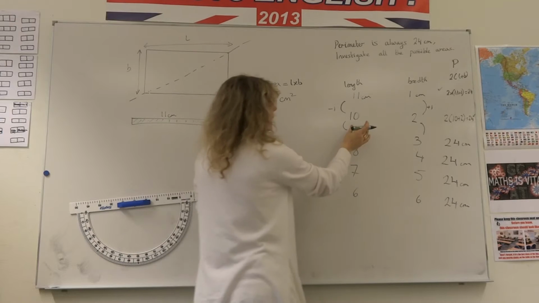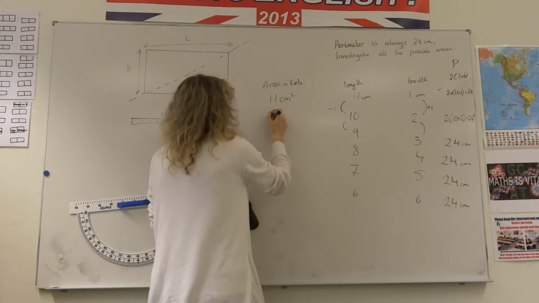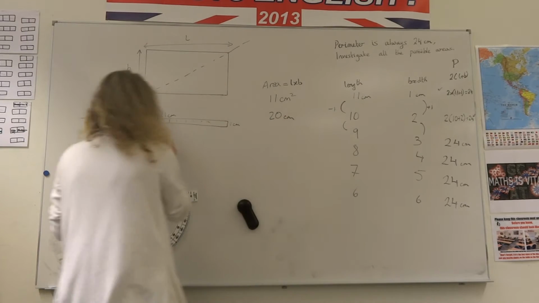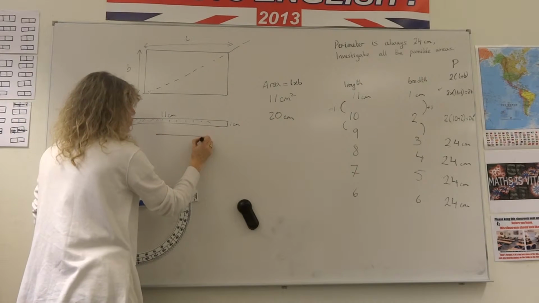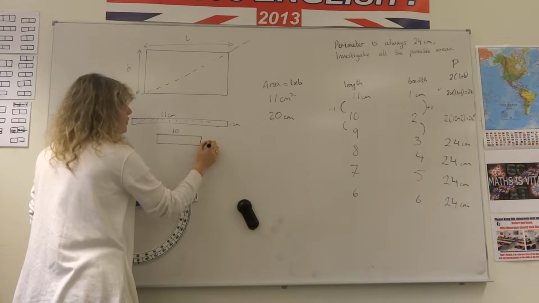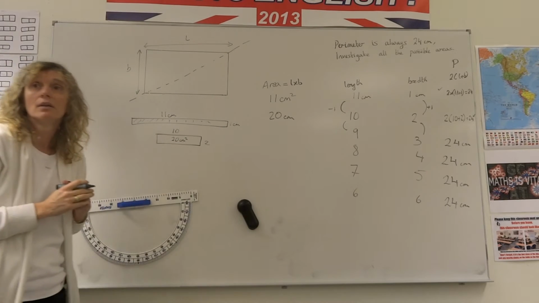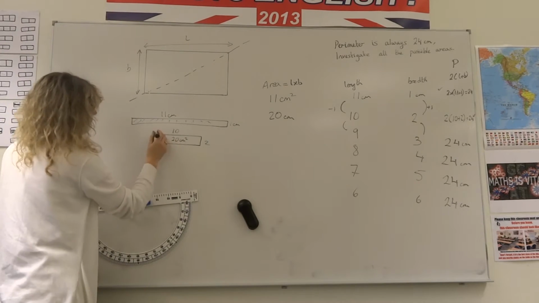What about our next rectangle then? Here we'd have an area of 10 times 2, 20. Now it's looking a little bit healthier, our horse. So just a 1 centimetre reduction makes quite a big difference to area. Look, now we've got 20 centimetres squared here, which is not drawn very well, sorry.